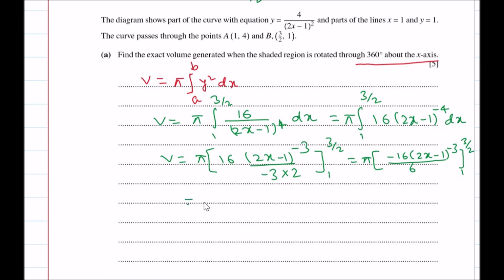So let us write pi as it is, minus 16 divided by 6 into 2x minus 1 to the power 3. Bring it down and write a positive exponent, with limits 1 to 3 by 2. Now let us evaluate the limit.